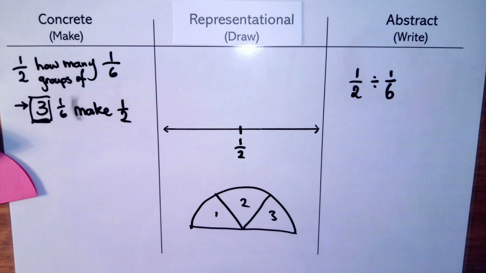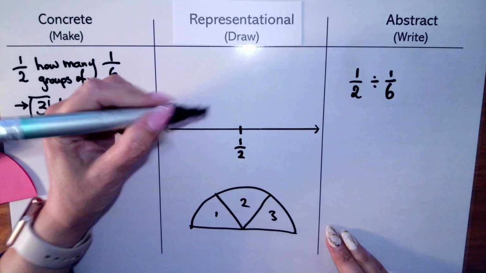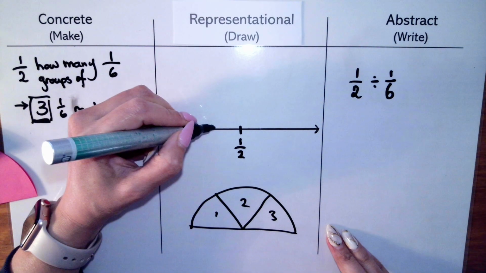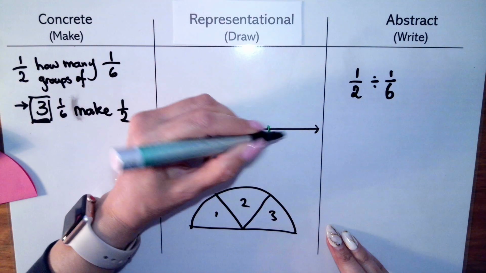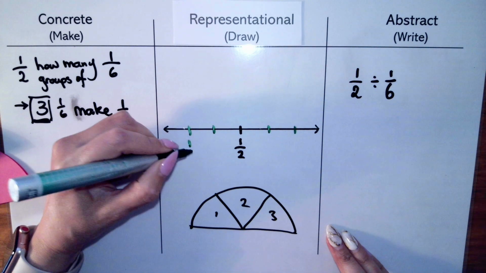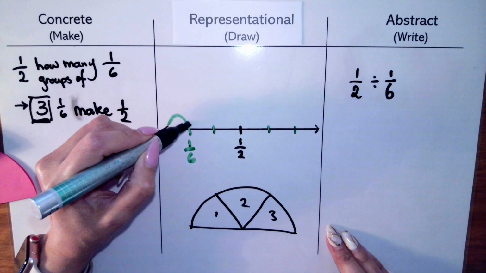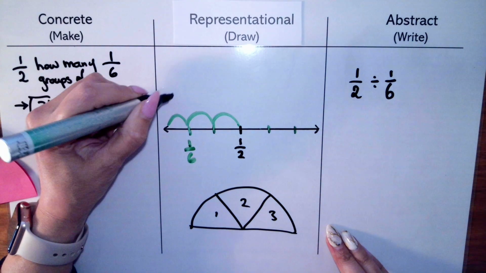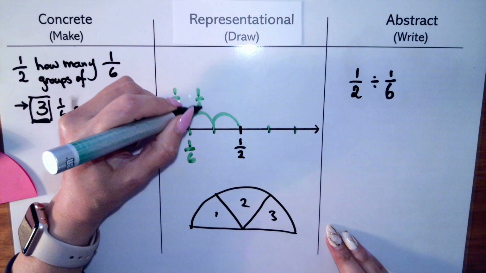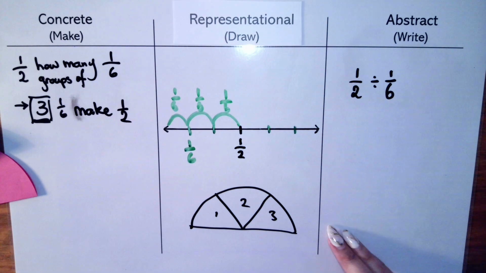If I partition my whole into sixths, each one of these being 1/6, I can see that it is 1, 2, 3 one-sixths. So this is 1/6, 1/6, 1/6. Not a great whiteboard marker, but you get the idea. So this is why the answer is 3.